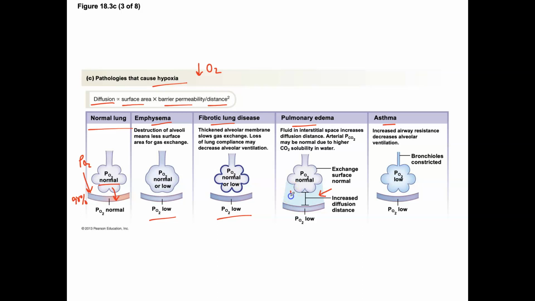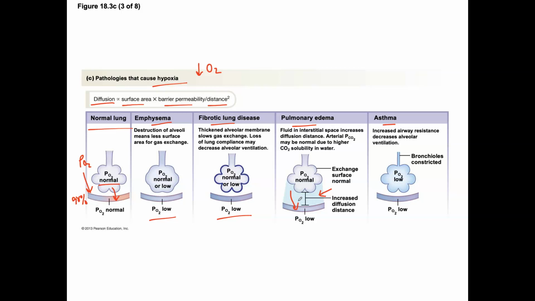And so that oxygen is having a difficult time diffusing across this fluid and getting into the circulatory system. And so pulmonary edema, swelling within the lungs, is affecting how oxygen can get into the circulatory system.